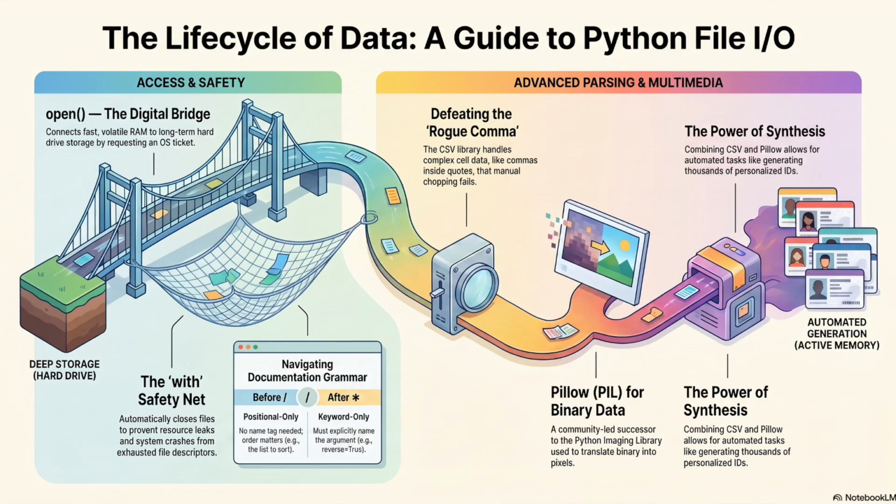So if your program loops through a folder and opens 10,000 files, but forgets to give the tickets back by closing them, the operating system literally runs out of tickets. It will refuse to open any more files for any program, and your entire system can crash. Furthermore, the operating system places a lock on open files.